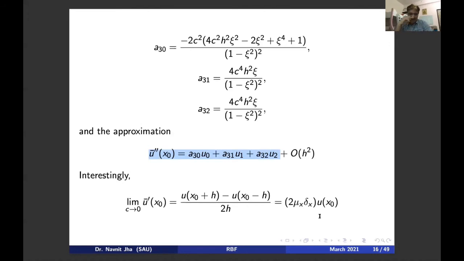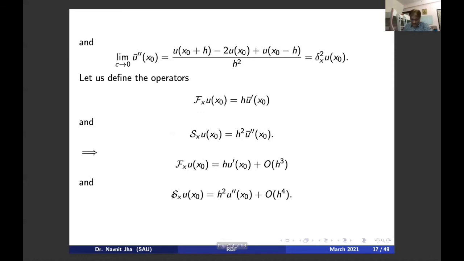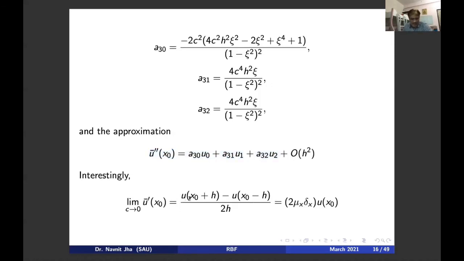Now, I have a formula calculated earlier for u bar single prime. If you take the limit c goes to 0, I am not talking of c equal to 0, but c in the limiting case, it comes out to be u at x naught plus h minus u at x naught minus h, divided by 2h.